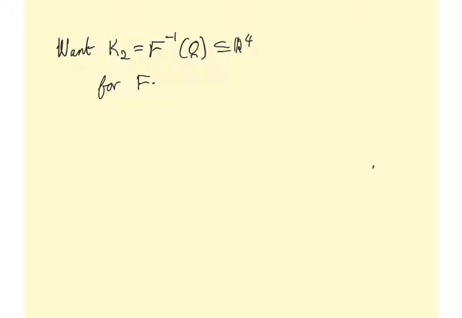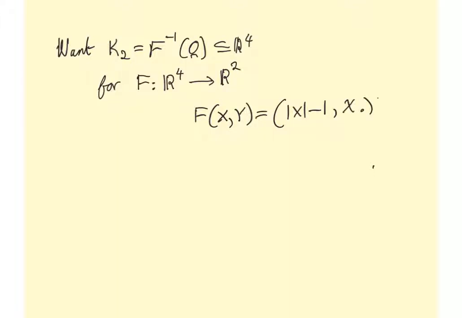So what I'm expecting is a smooth function from R4 to R2, and the natural thing to define is that I take a pair of vectors, any two vectors in R2, and I map them to mod x minus 1 and x dot y. And for that f, the zero set is indeed K2, but of course that's not smooth, so let's make it mod x squared. It's now a smooth function and it has the same zero set.